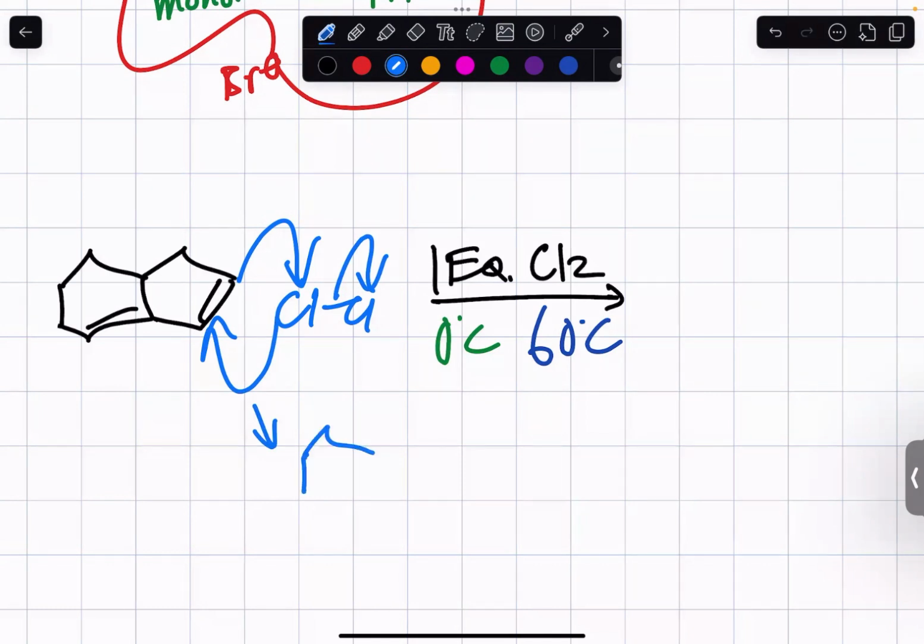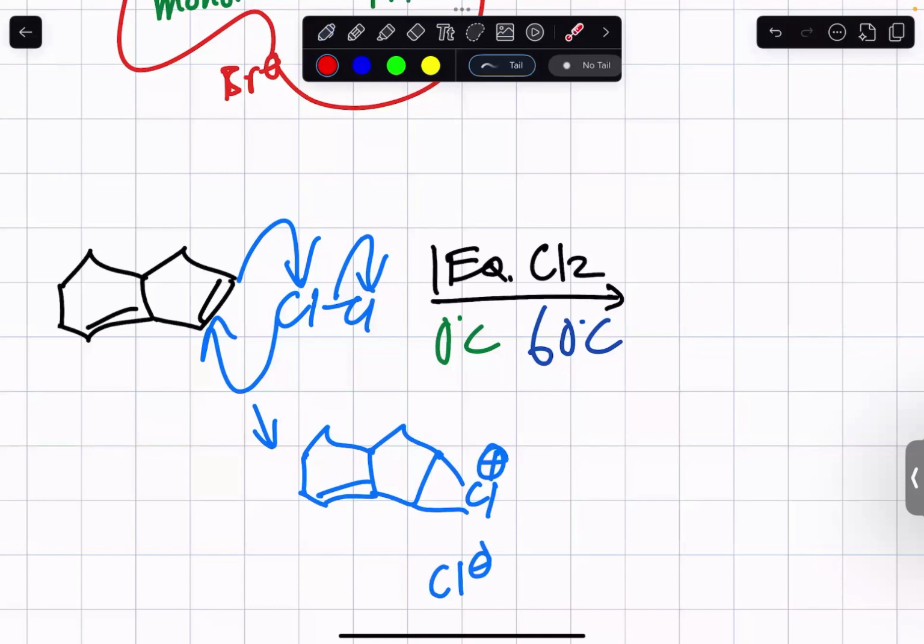Ring, yes. Chloronium ring, halonium ring, like this. And what is the next step you guys predict is gonna happen? We have Cl minus floating around. What is the next step here? What do you guys think is gonna happen? This is very different than what we learned about this reaction.